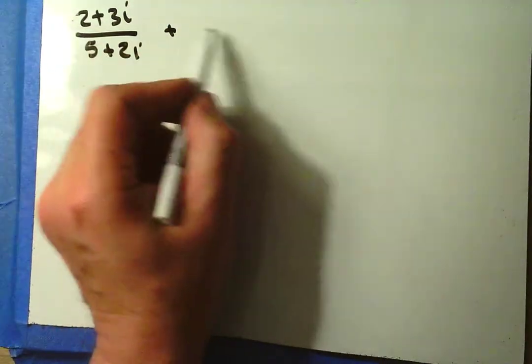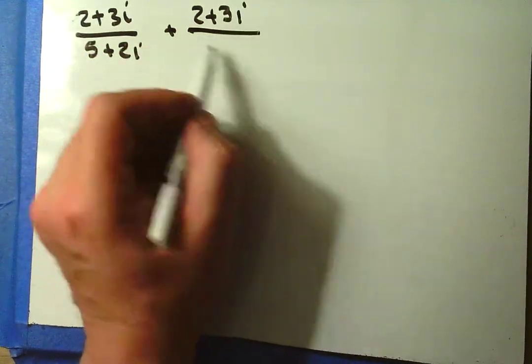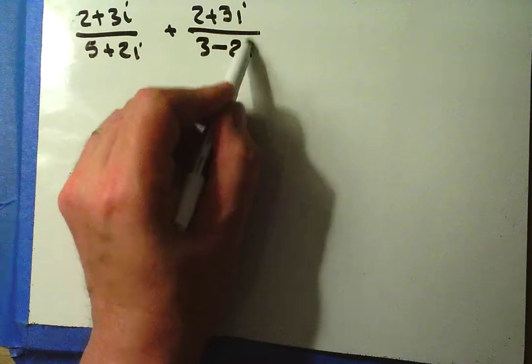Let's take a look. It's what happens when you add fractions, essentially. It's 2 plus 3i over 5 plus 2i plus 2 plus 3i over 3 minus 2i.